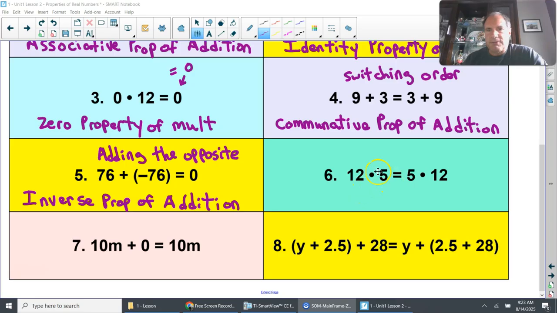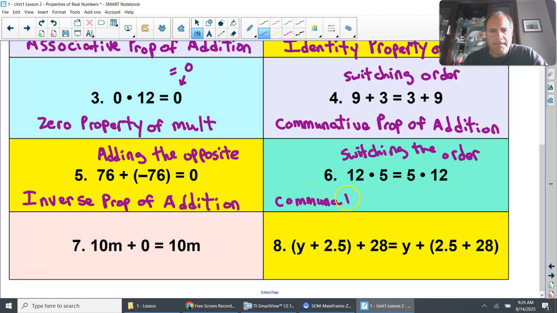So 12 times 5, switching the order, equals 5 times 12. That is switching the order. And that means that is commutative property of multiplication.